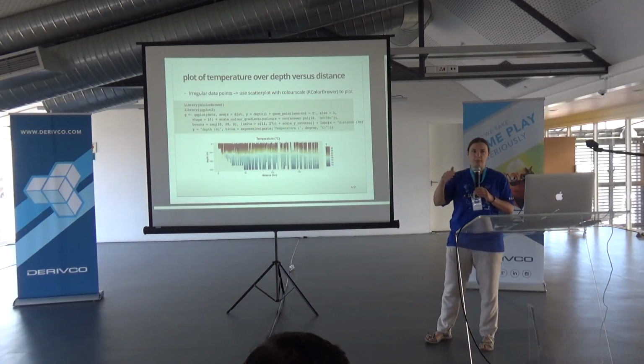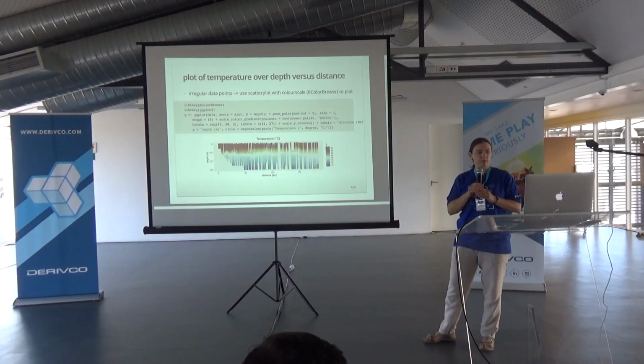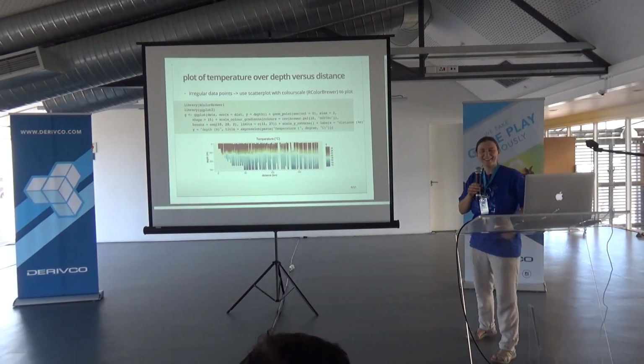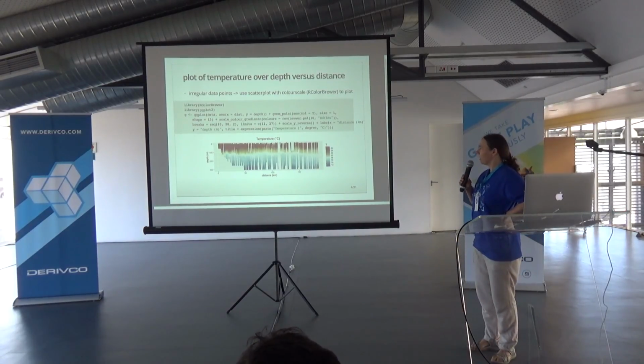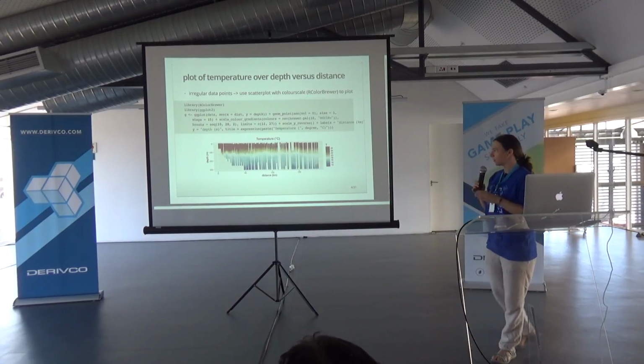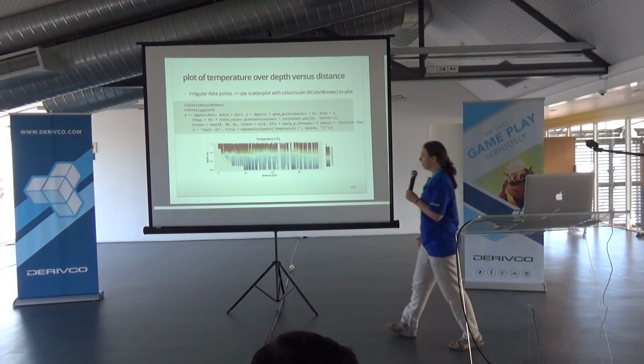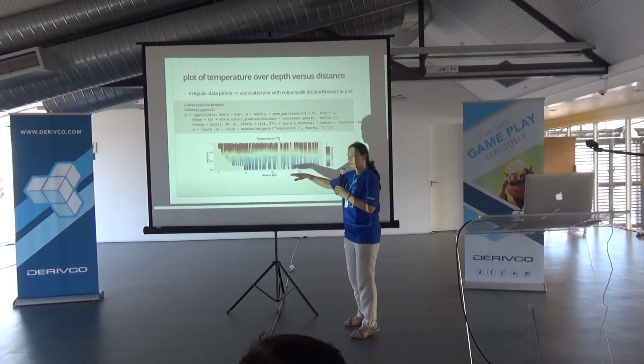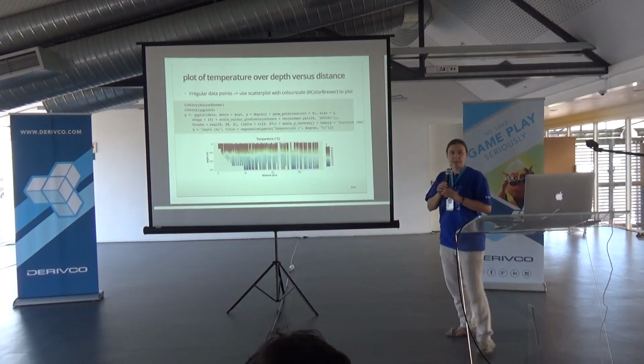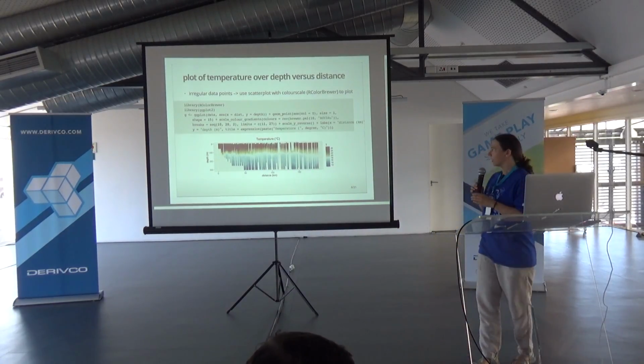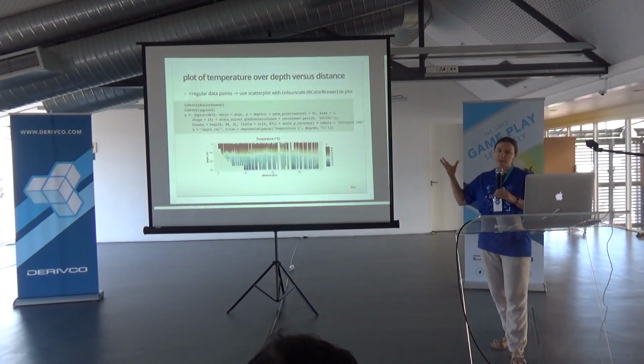The glider pretty much follows V-shaped tracks, so I have a kind of sheet in space, so I can just plot them in two dimensions over the depth and the distance of the glider track. The data were quite irregular, so I couldn't put them in a matrix like the raw data.